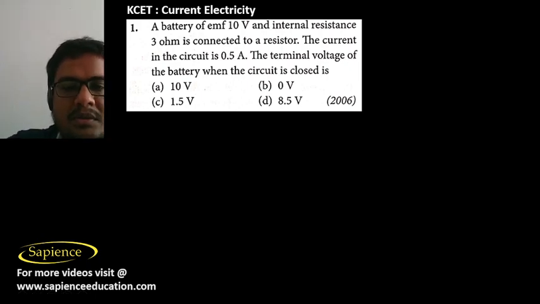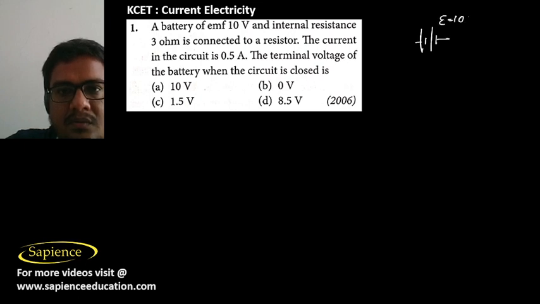So here we shall start from the very first question, current electricity. The first question says that one battery is there, having EMF 10 volt and internal resistance r is 3 ohm. It's connected to a resistor.